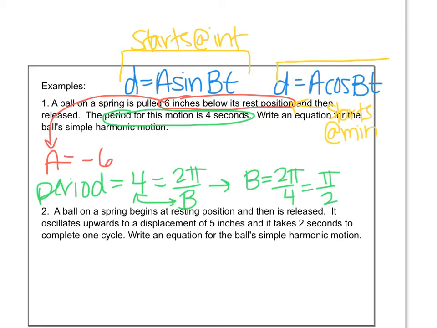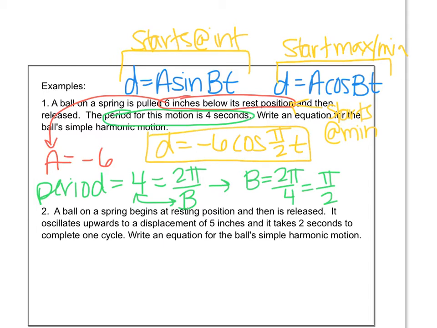And cosine will either start at a max or a min, depending on if it's positive or negative. So since this one starts at a minimum, that's where the negative comes in. It's going to be D equals -6 cosine, since it starts at the minimum. The B is going to get plugged in, pi over 2, and then T. So that's the answer.